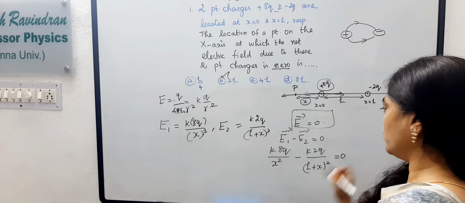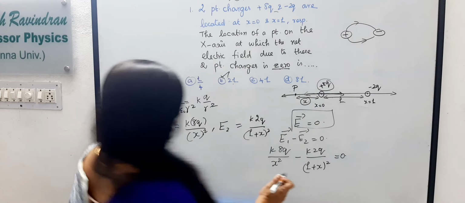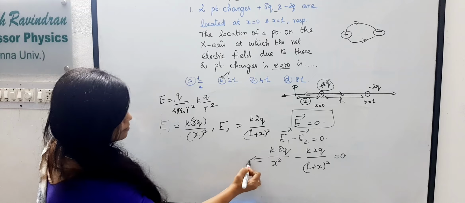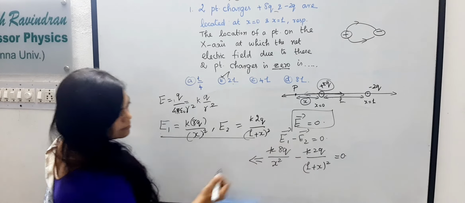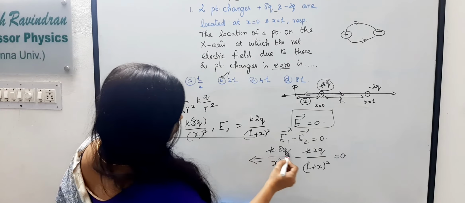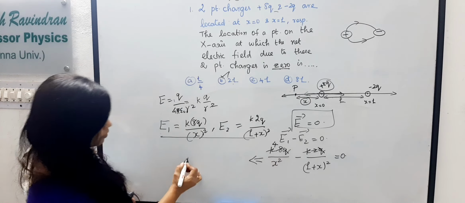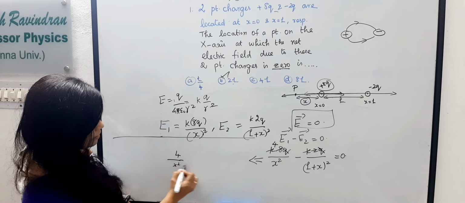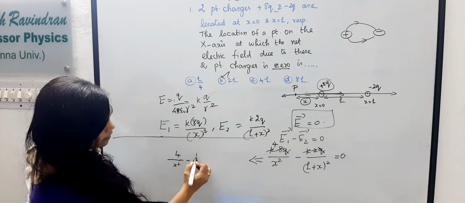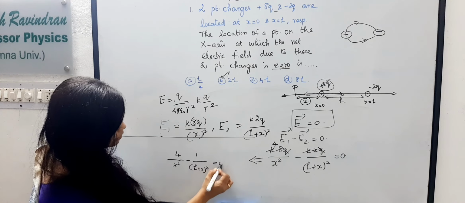That is equal to 0, right? So, here K gets cancelled, and Q gets cancelled, then 8 and 2 get cancelled, we will have 4 by x square minus 1 by L plus x the whole square, that is equal to 0.